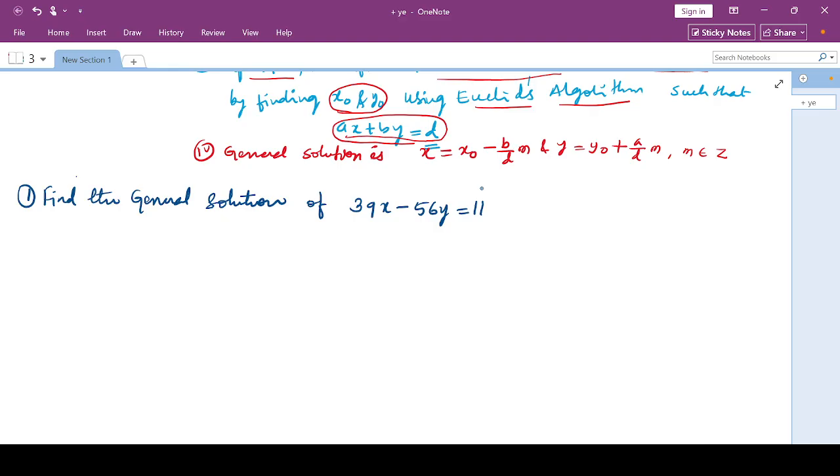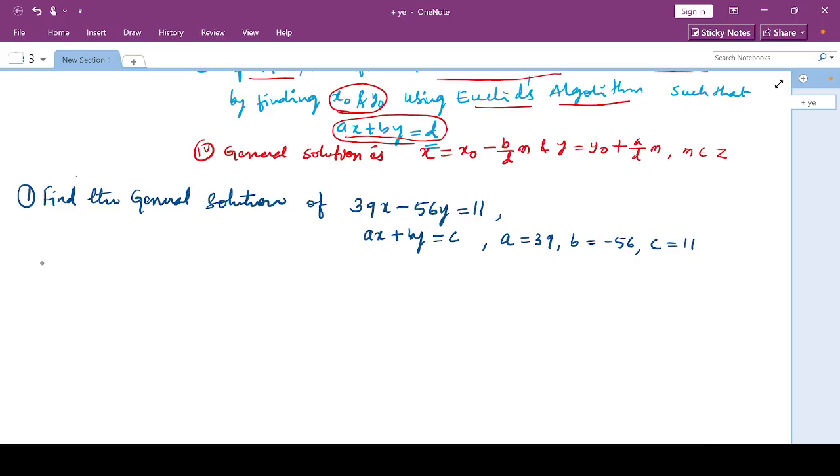Students, this example is very simple. First we compare this equation with the standard one, ax plus by is equal to c. We get a is 39, b is minus 56, and c is 11. So let us find the GCD of the two numbers.